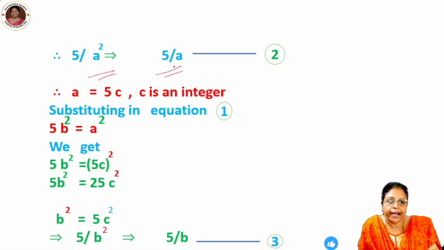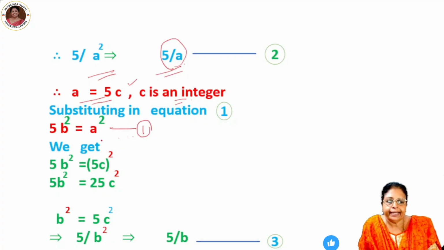5 divides a means 5 is a factor of a. So you can write a equal to 5c, where c is an integer. Then this was the first equation, 5b square equal to a square. Already we got this equation.